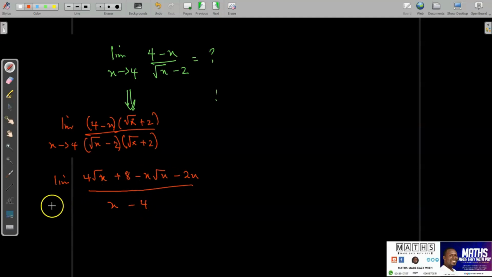Yes. As x approaches what number? 4. Have you gotten what is there? Yes. When you go further, the numerator now becomes 4 root x minus x root x, then minus 2x, then plus 8, all over x minus 4.